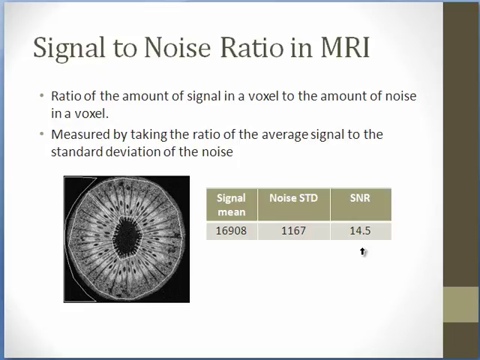So 14.5 is, as we expected, pretty low. I don't know if there's a particular number, but I've heard most radiologists say around 30 is the lowest. And there are ways to ensure that your MRI machine is returning appropriate levels of SNR by doing calibrations or quality scans each morning before the patients are scanned.